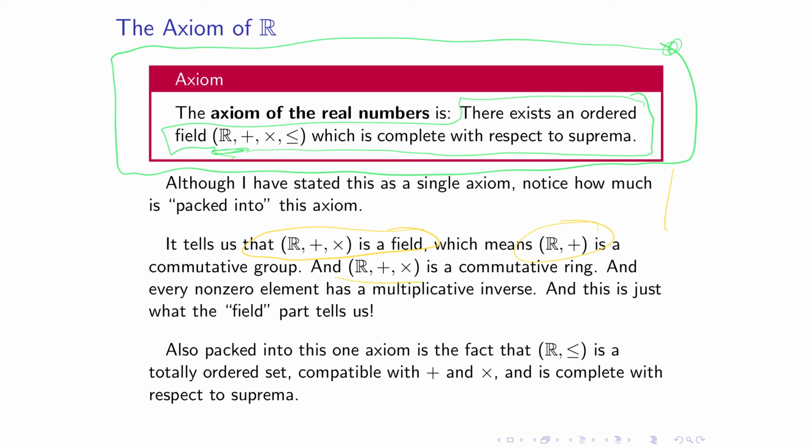Besides that, we also know that R together with plus and times is a commutative ring, and you can go back and recall what that means exactly. But this is then just all the field stuff. And then on top of that, there's the ordering stuff. And then there's ordered field stuff. And then there's completeness with respect to suprema. So it's worth reflecting on just how much is really packed into this one axiom.